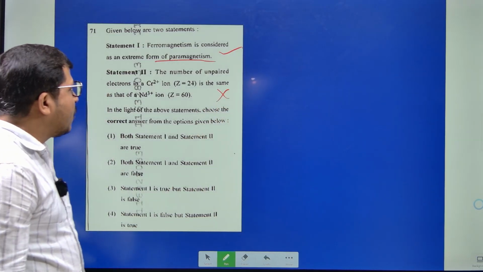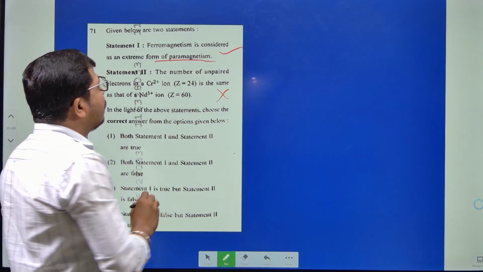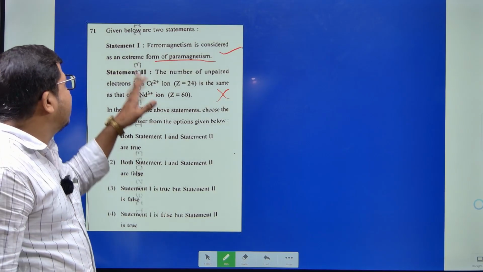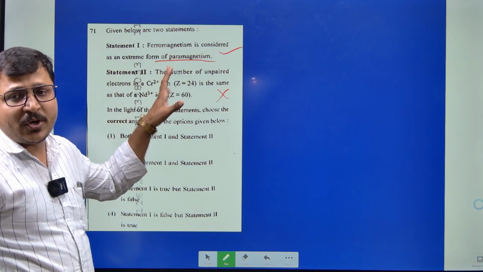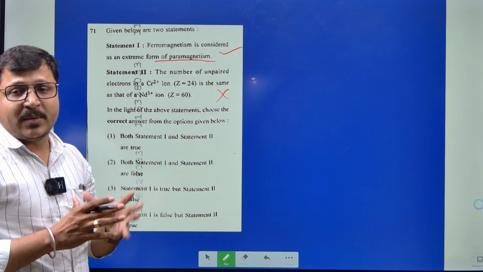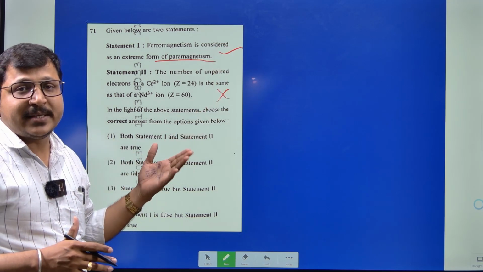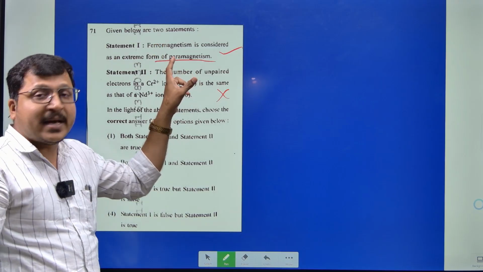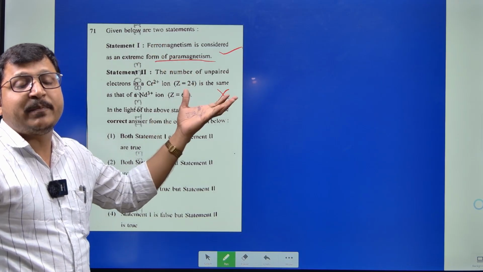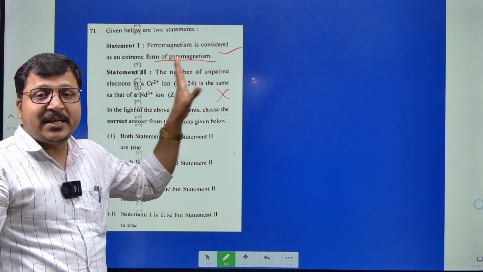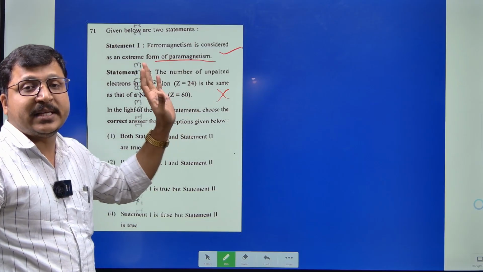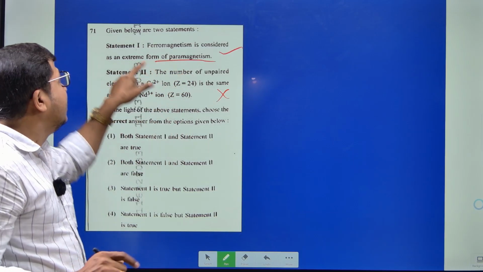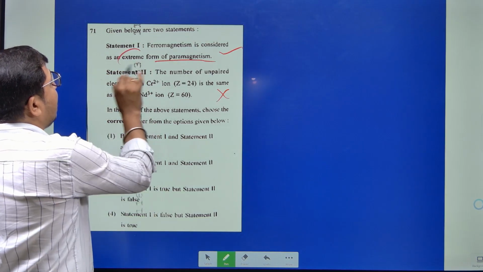Ferromagnetism is an extreme form of paramagnetism, because we can see an alignment of atoms in ferromagnetism. But in paramagnetism we cannot see any type of alignment. For that reason it is an extreme form of paramagnetism.